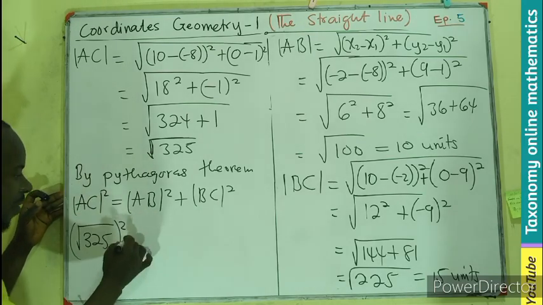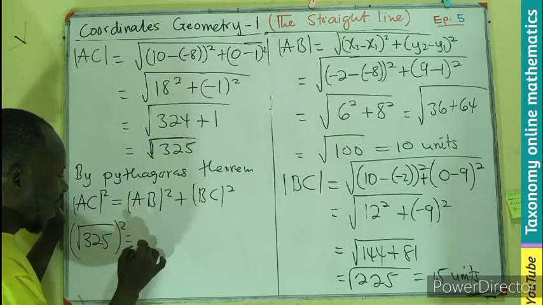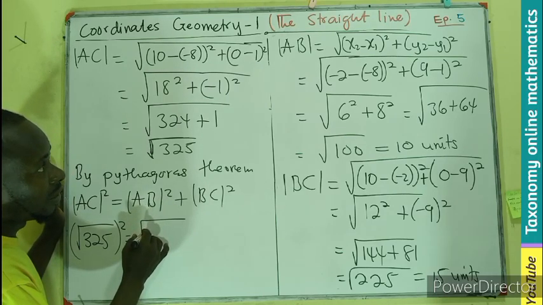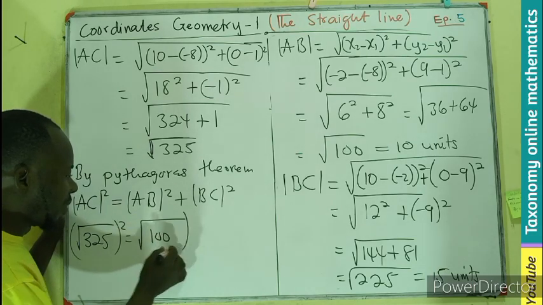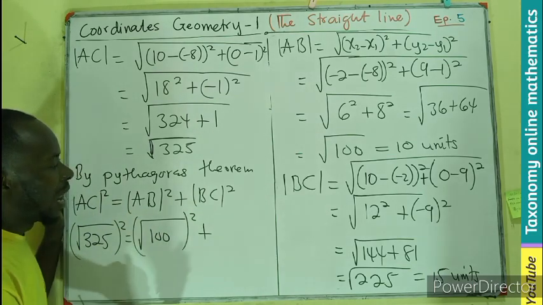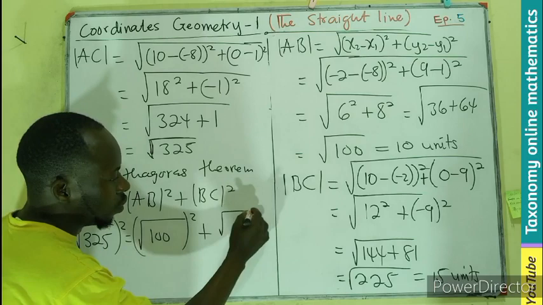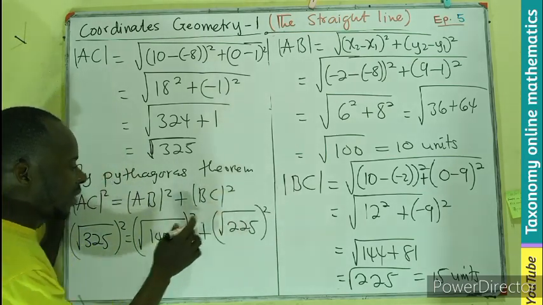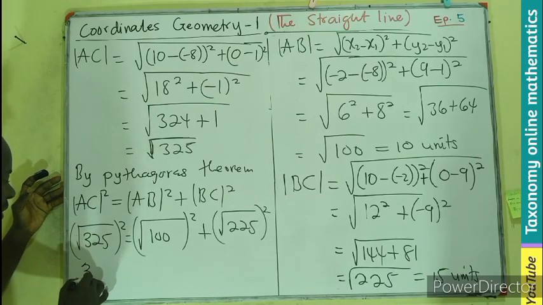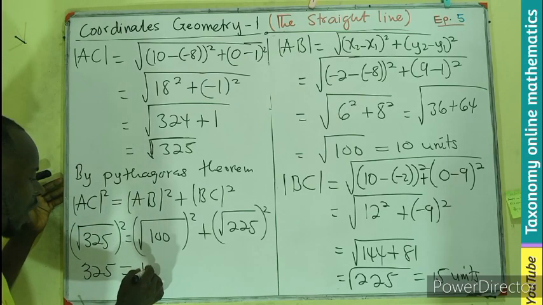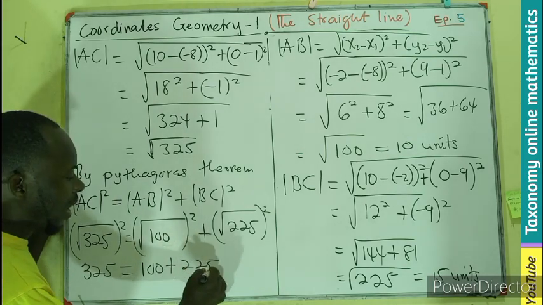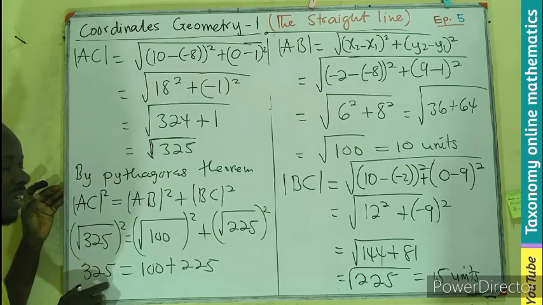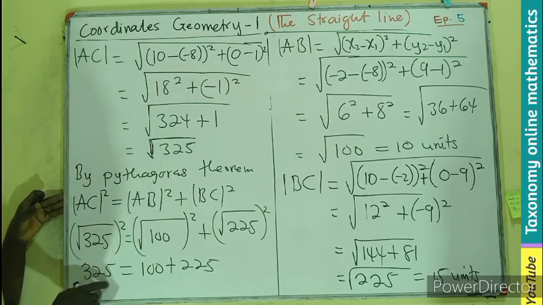The square is coming from here. AB is the root of 100 all square plus BC, which is the root of 225 all square. The square will cancel the root, so you'll be left with 325 equals 100 plus 225. Is that true? If you add 100 to this, we're having this. So we can say that they are the vertices.